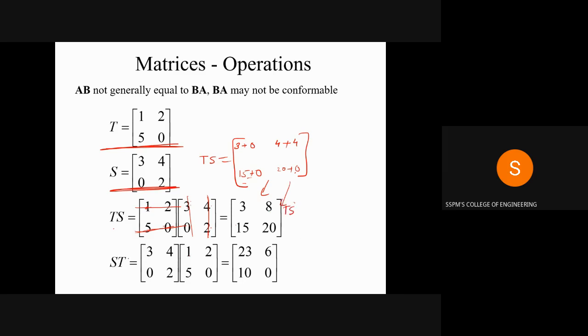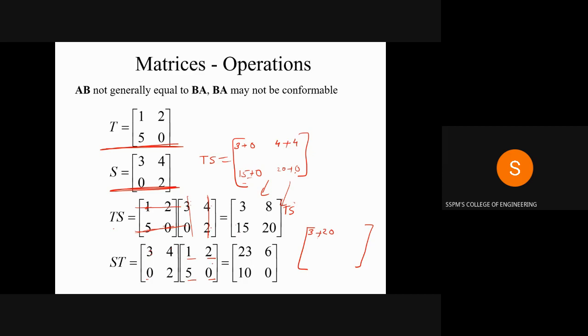Now what is ST? We first write S as 3, 4, 0, 2 and T as 1, 2, 5, 0. Now what is the product of S into T? For first row, first column: 3 into 1, it is 3, plus 4 into 5, it is 20.